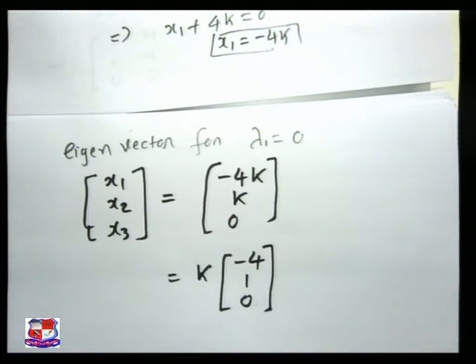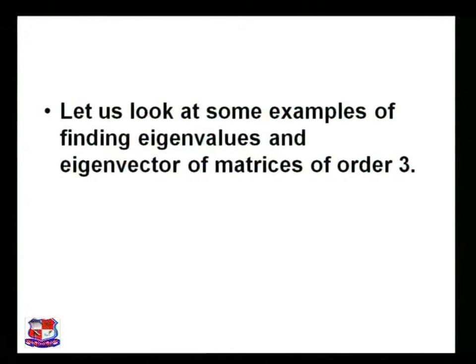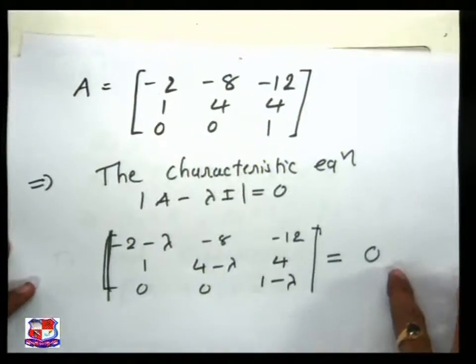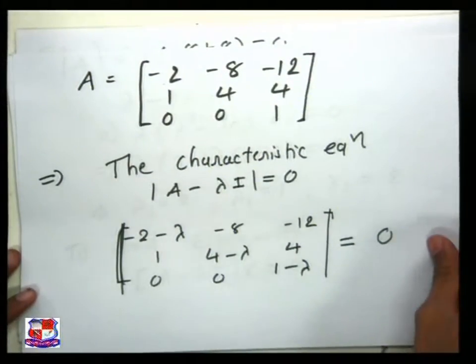So if I repeat, we started this example from the very beginning. We discussed that we need to find the eigenvalues and eigenvectors for this matrix. We started with the characteristic equation.